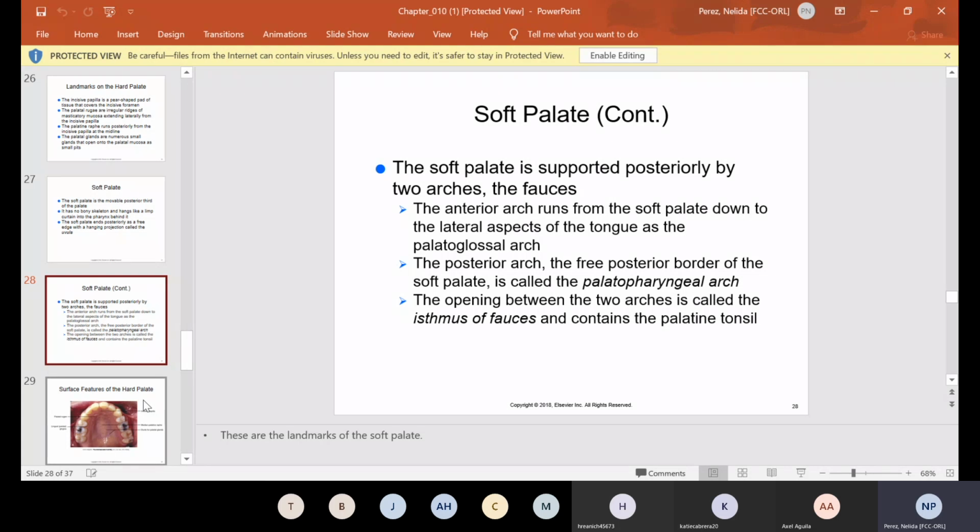The anterior arch runs from the soft palate down to the lateral aspects of the tongue as the palatoglossal arch. The posterior arch, the free posterior border of the soft palate, is called the palatopharyngeal arch. The opening between the two arches is called the isthmus of fauces and contains the palatine tonsil.